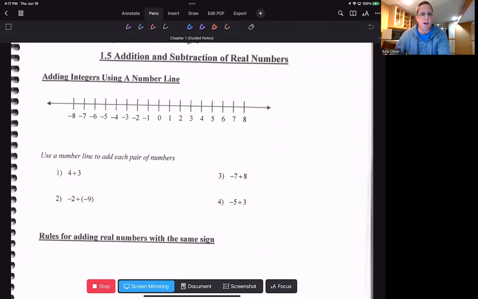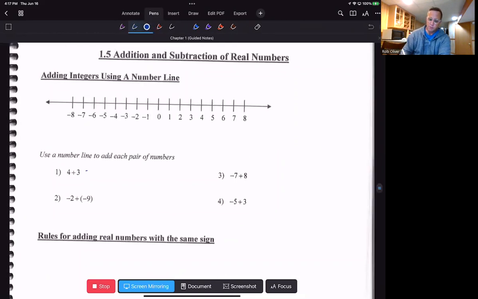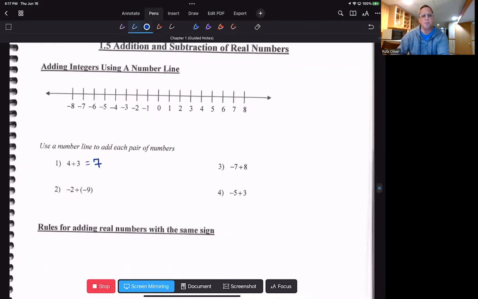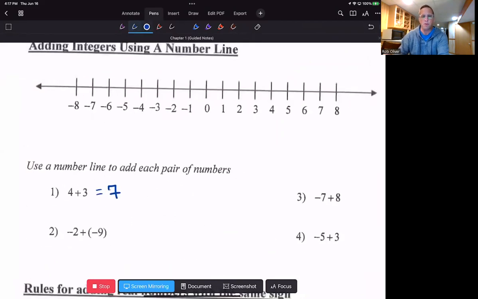Like for instance, for number one, I wouldn't expect you need a number line to solve it, but 4 plus 3 is 7. We know that to be true. Number two, -2 plus -9. Well, that's worth using a number line.